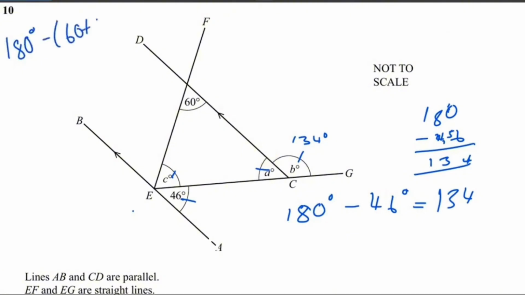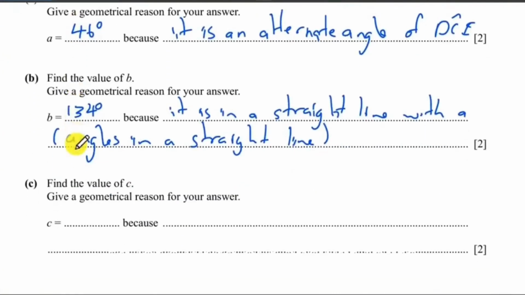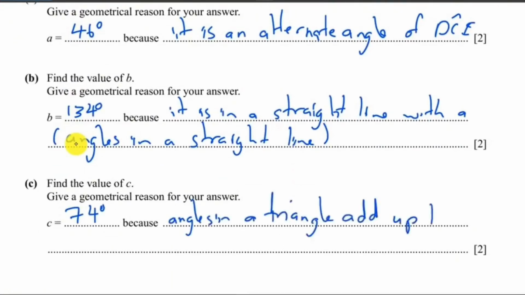So this will be 180 minus 106 degrees. This is equal to 74 degrees because these are the angles in a triangle. You can see that if you add them together, 60 plus 74 plus 46, you will get 180. So let's write our answer there after we've done our working. C is equal to 74 degrees because angles in a triangle add up to 180 degrees.